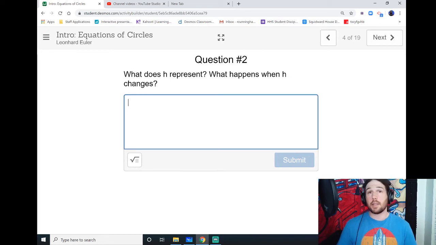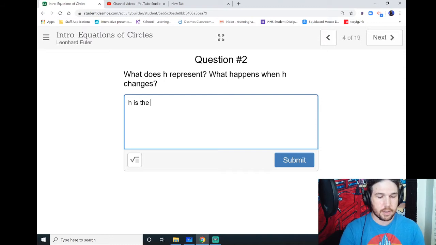Okay, so what does h represent? h is the x value of the center. What happens when h changes? When h changes, the circle moves left-right.